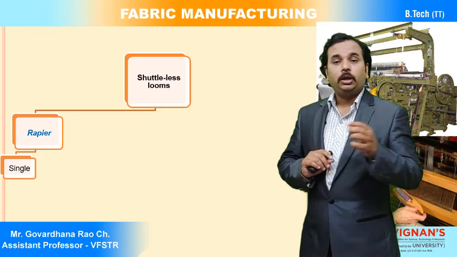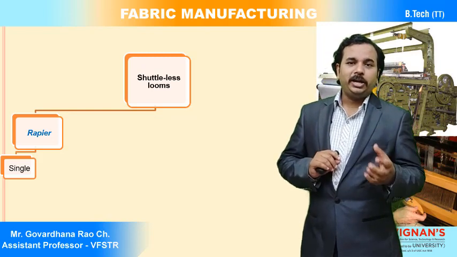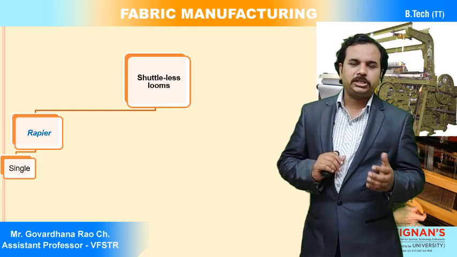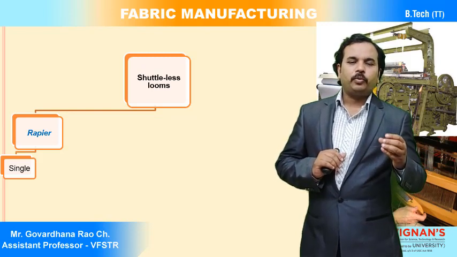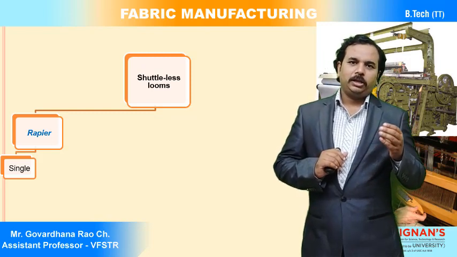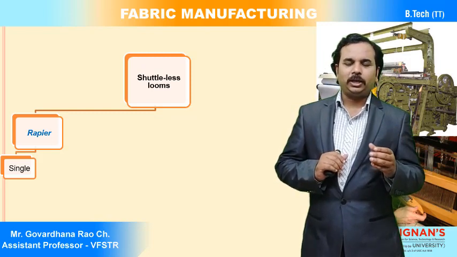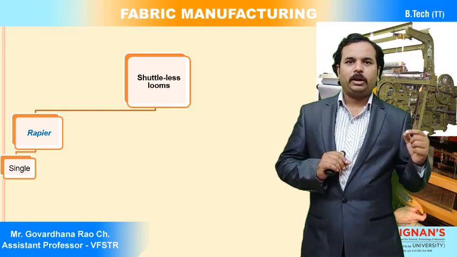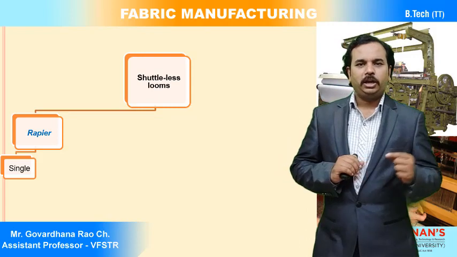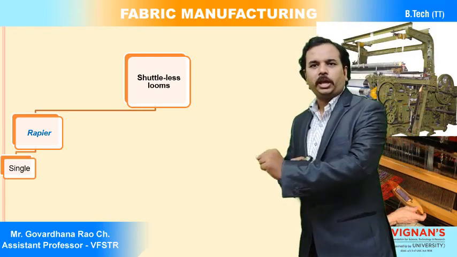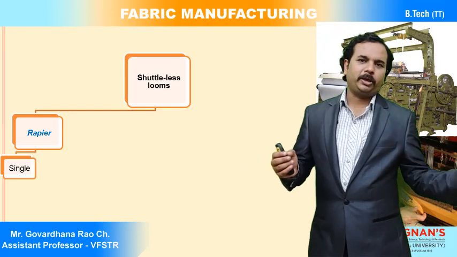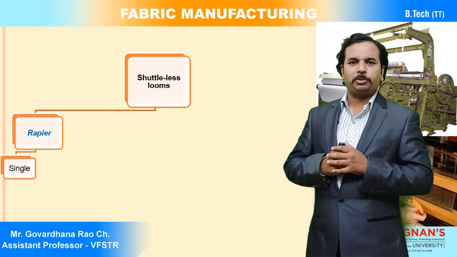In shuttleless weaving machines, for one time only one pick length is inserted, depending upon the fabric width required. Only one pick is taken from one side to the other side, then the picking mechanism comes back to its original position.